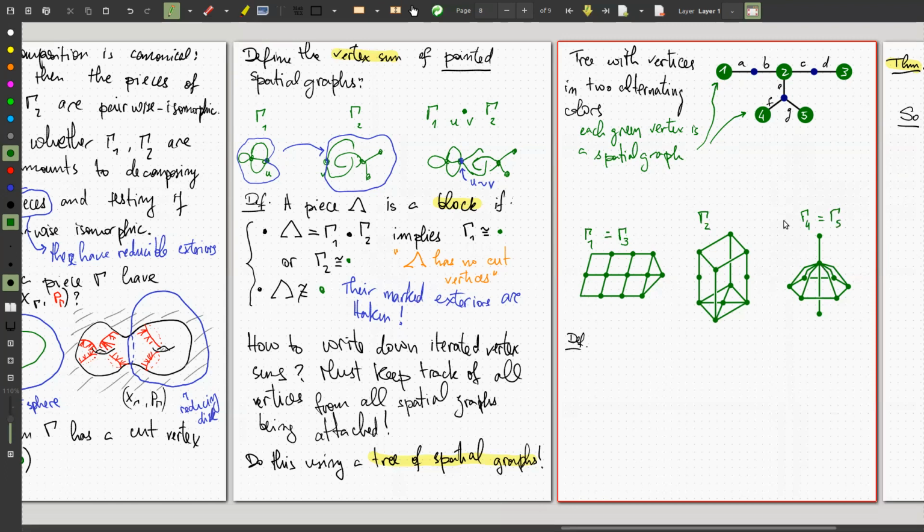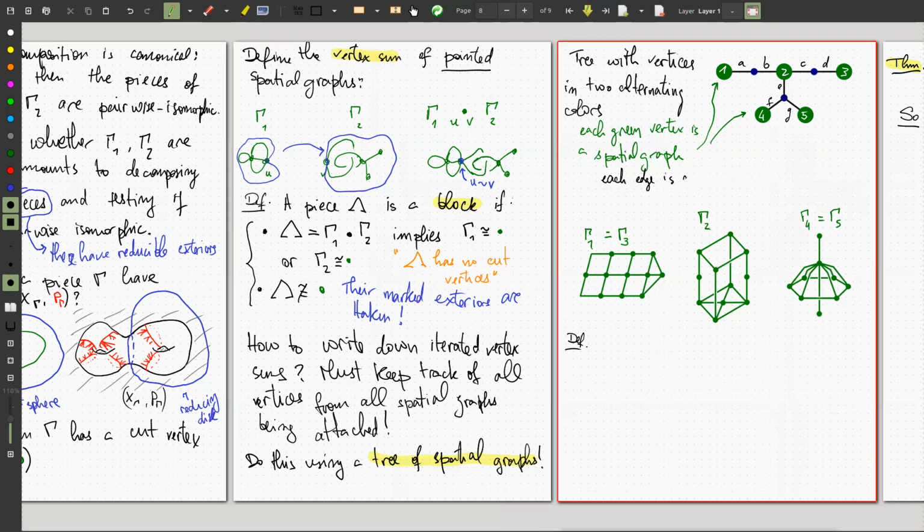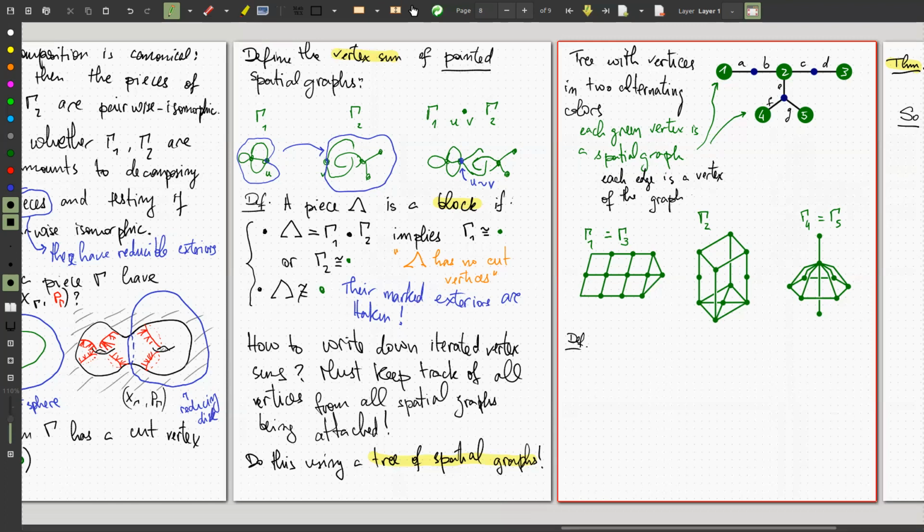Now I'm going to tell you what the edges mean. Each edge is a vertex of the graph at its green end. So for instance, edge A here, the graph at its green end is graph number 1.